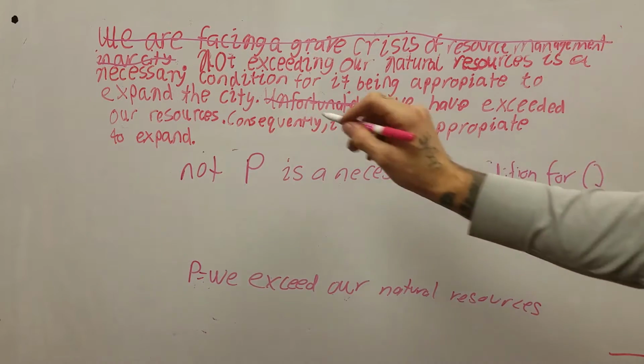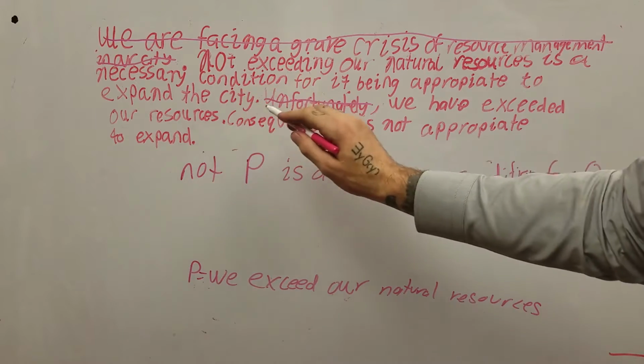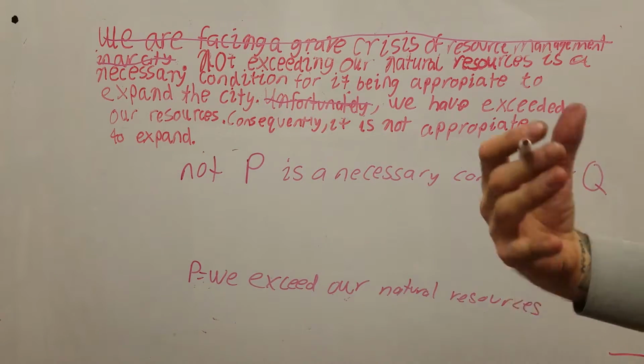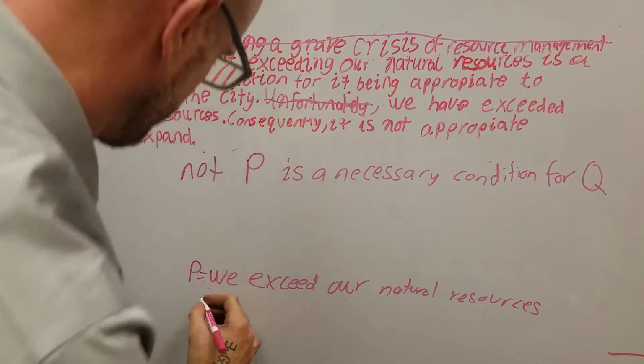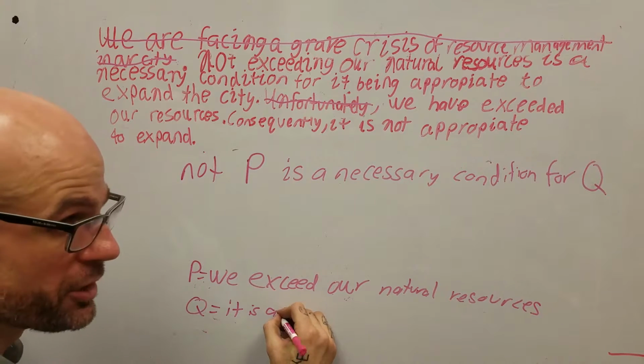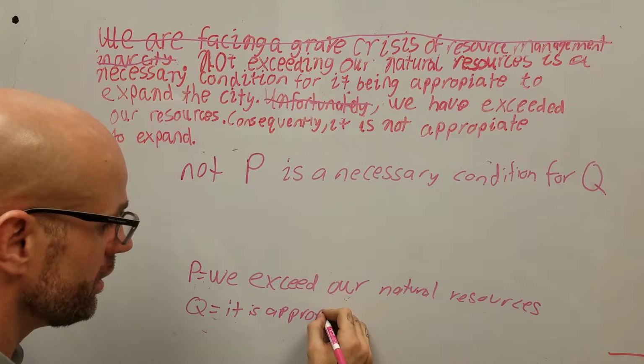For Q, it being appropriate to expand the city. So we'll call is appropriate to expand the city Q. We'll make sure it's down here in our translation key.